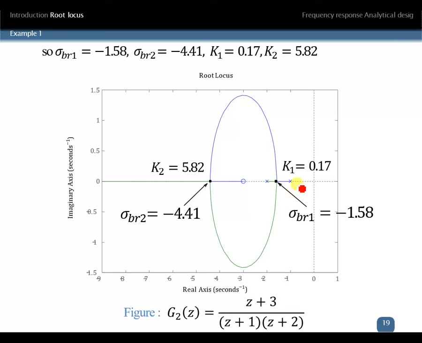Now, as we saw together, we have minus 1 here, minus 2 here, and 0, minus 3 here. That means these two poles will break away from here. They go up, one of them reaches the 1, 0, and another one goes here, and they go to infinity.